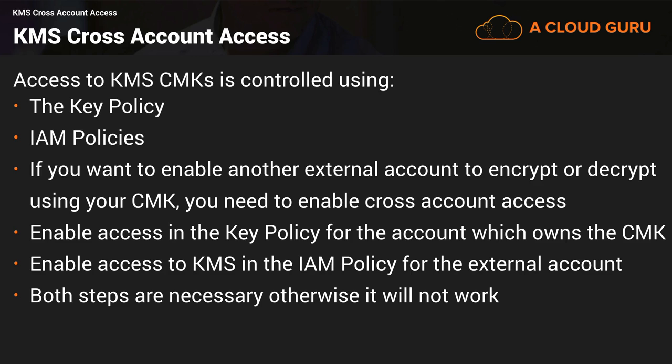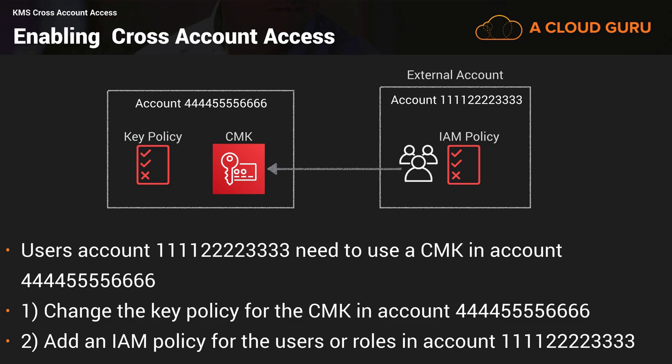So let's take a look at that in a little bit more detail. So imagine we have two different accounts. So the first account is 444455556666, and that account has a customer master key, and we want to enable cross-account access for the external account 111122223333.